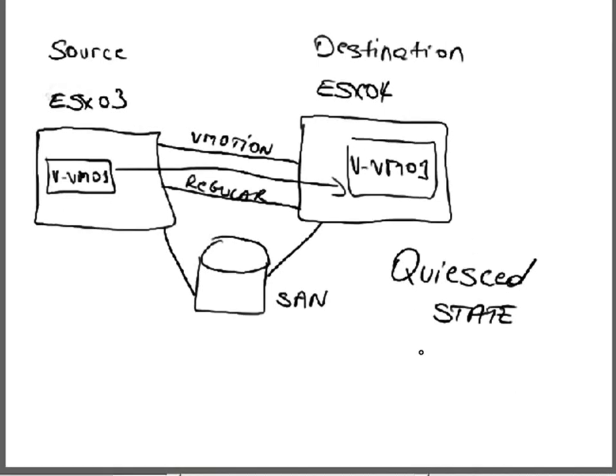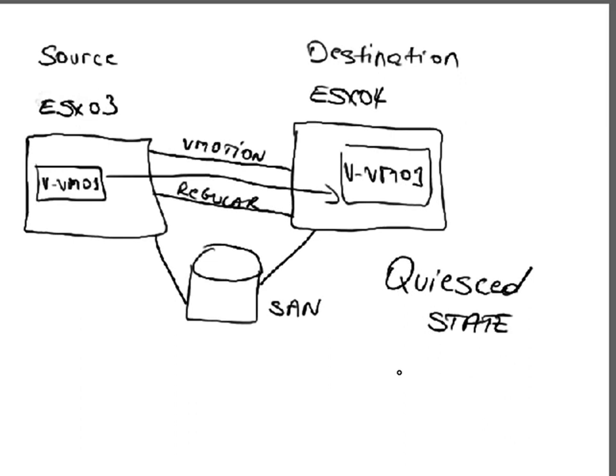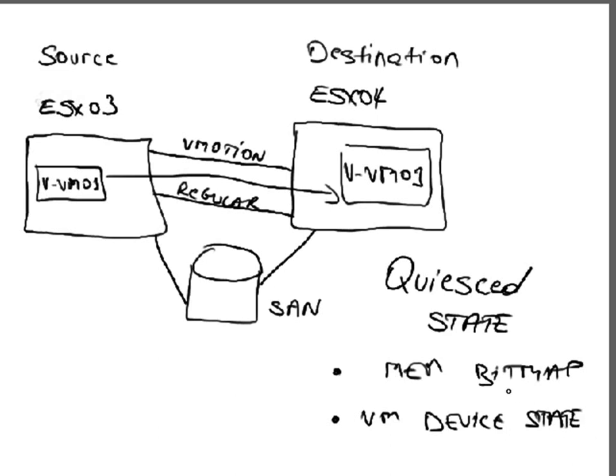So during this quiesced state, the two things that are cut over are the memory bitmap, which again is where all the changes were being stored while the memory state was being moved from one host to another, and also the VM device state, being cut over from the host to the destination.